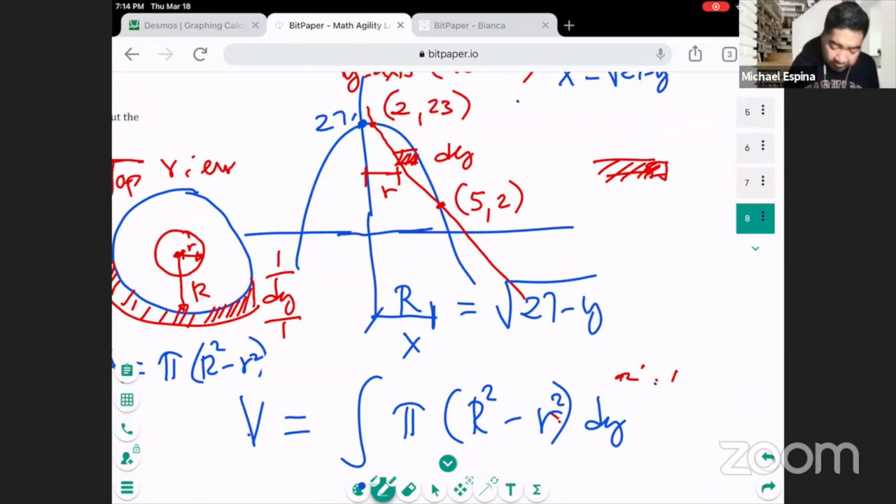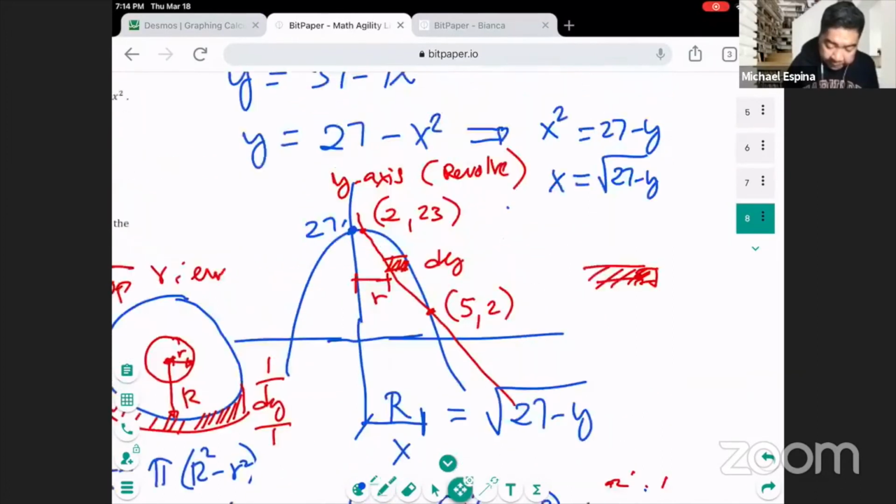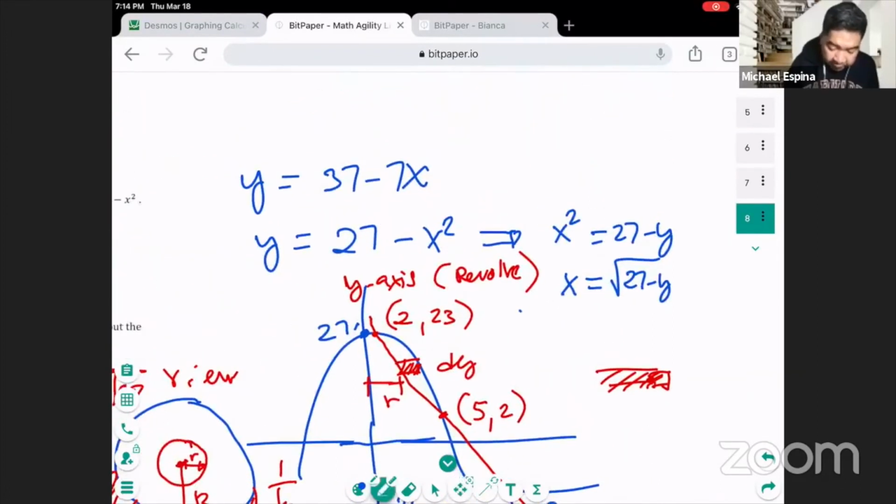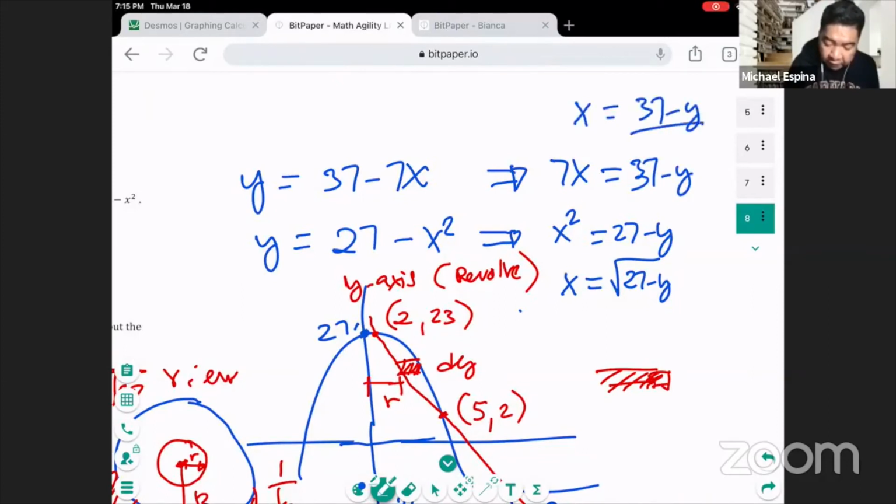And then how about the small r? So again, if we go up, this is equivalent to 7x equals 37 minus y, or x is actually 37 minus y all over 7, right?